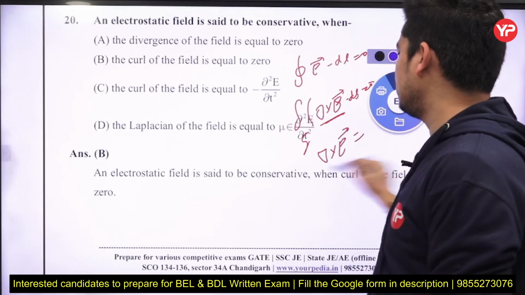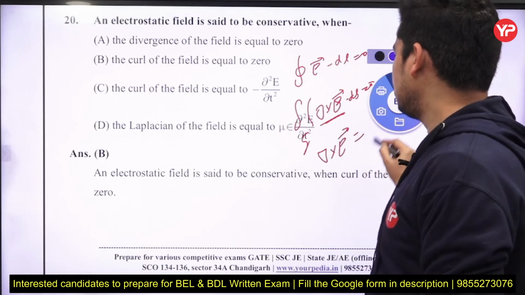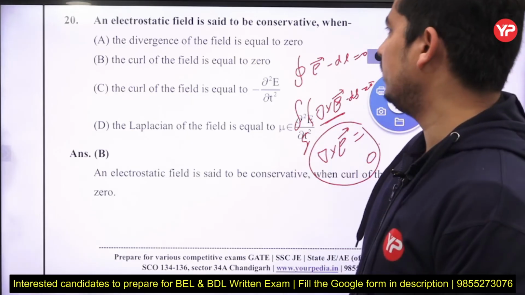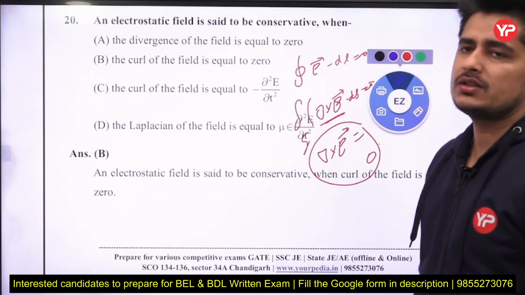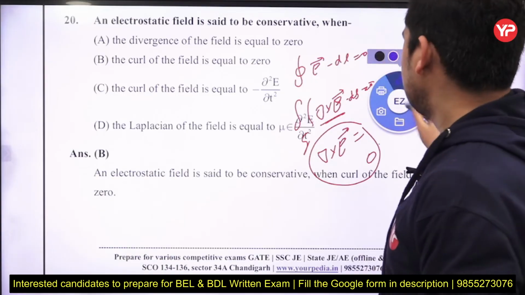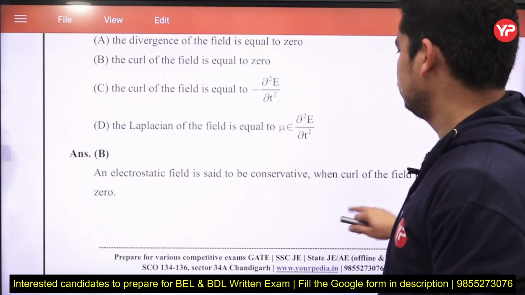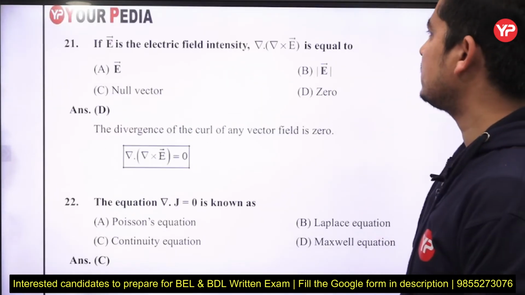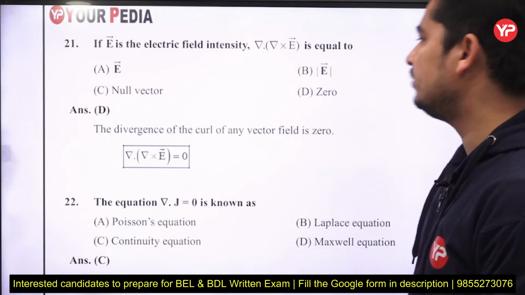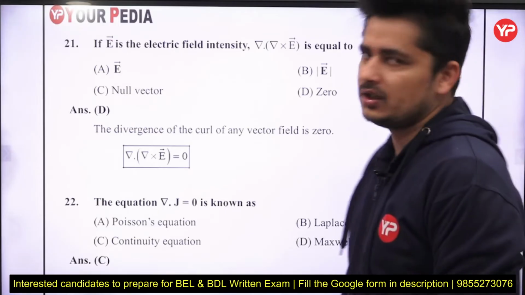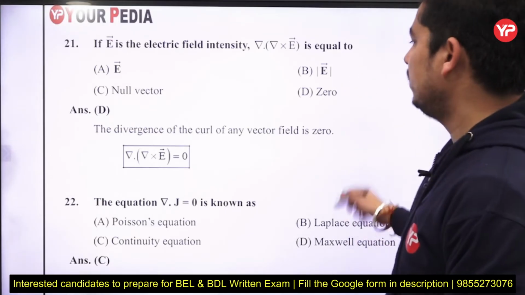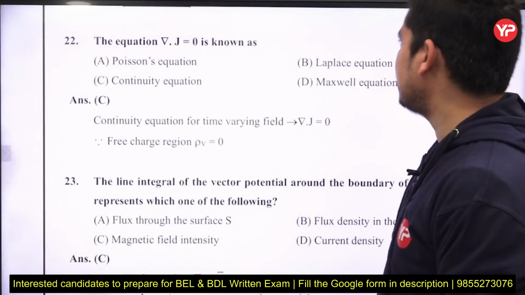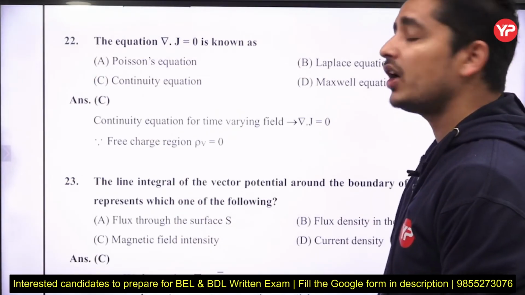So what we are seeing from this relation is that for a conservative vector field, the electrostatic field, the curl of that field should be 0. The divergence of a curl is always 0, remember that. The equation del dot J is equal to 0 is known as the continuity equation for the charge free region.